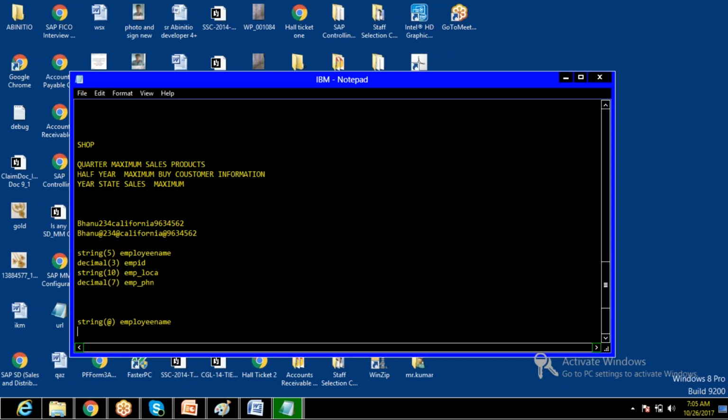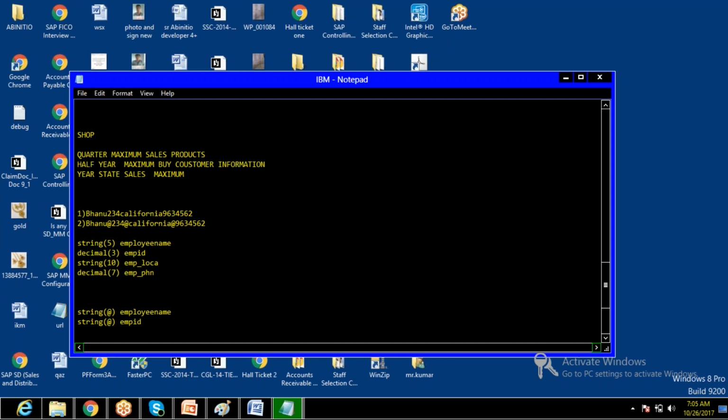This is the first type, and this is the second type. Based upon the delimiter, I am segregating the columns. We will deal more with this when we are working practically on ETL systems.